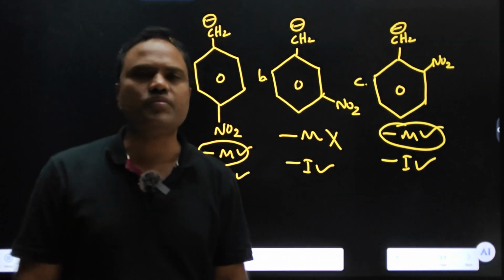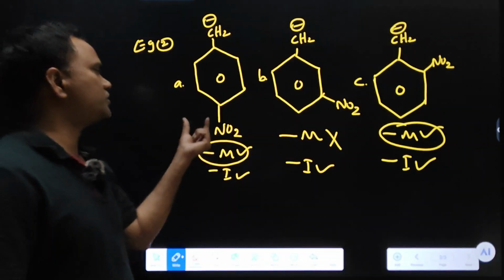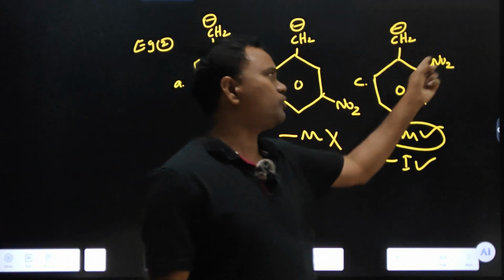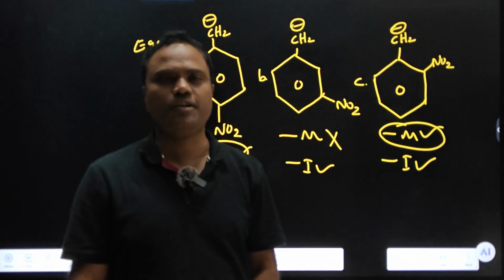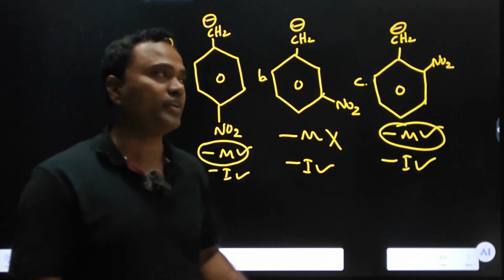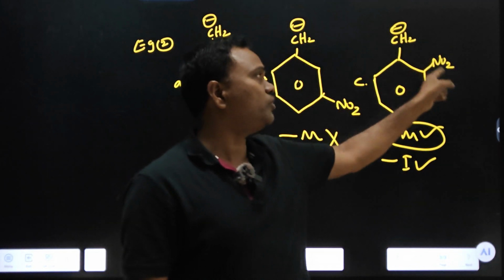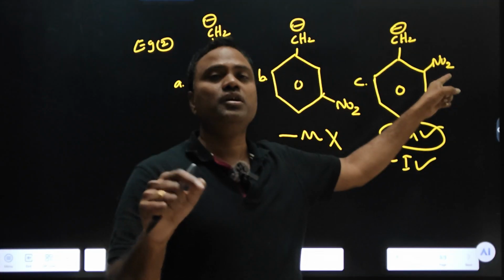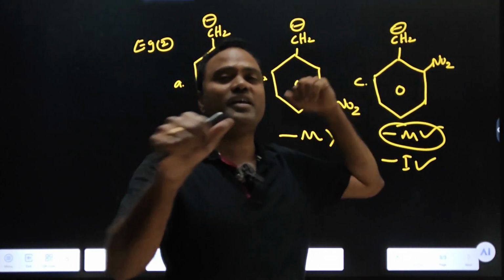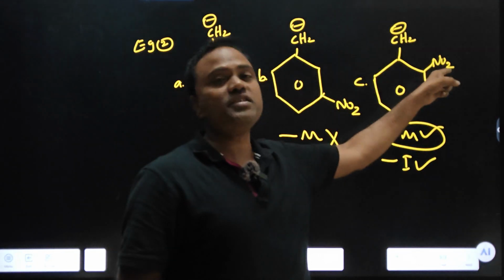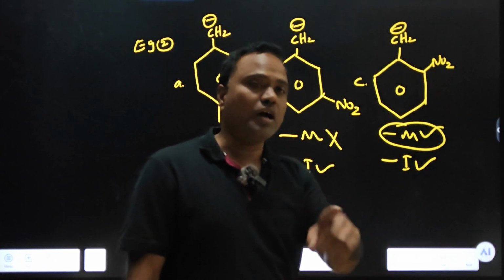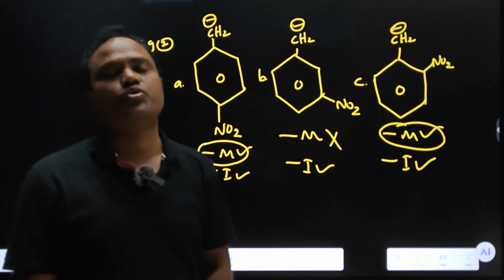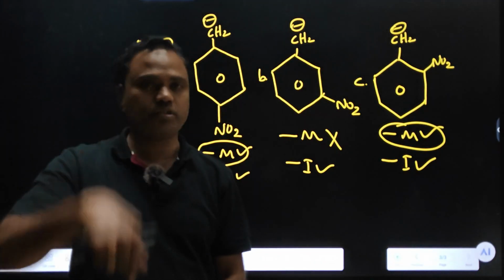The resonance effect is the same whether the group is in para or ortho position. But the inductive effect is not the same, because it is distance based. Here its minus I effect is more, withdrawing is more, stabilization is more. For carbanions, the minus I group should be very close.